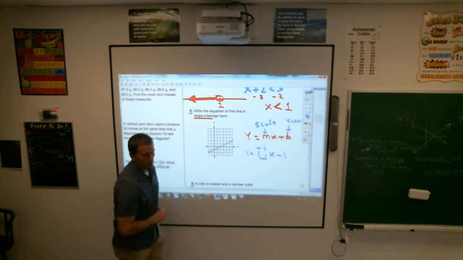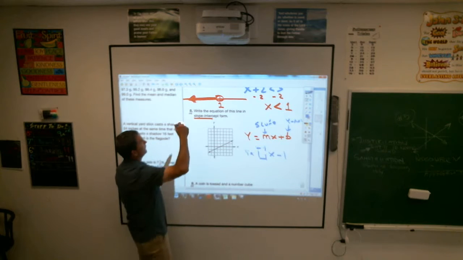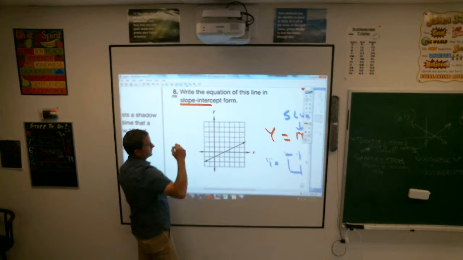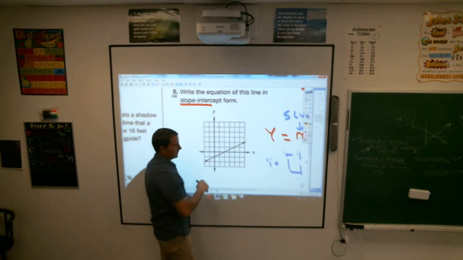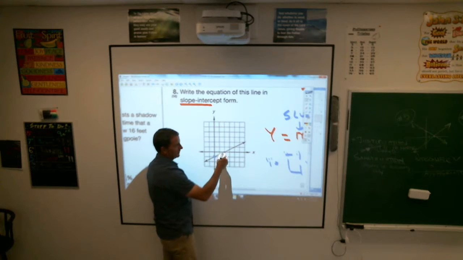To do that, you make a right triangle. You need to pick 2 points on that triangle that cross both an x and a y point. For example, right here's one. You can't pick that because it's not crossing a horizontal line, it crosses a vertical one. You can pick that one and you can pick this one. You make a right triangle out of it.